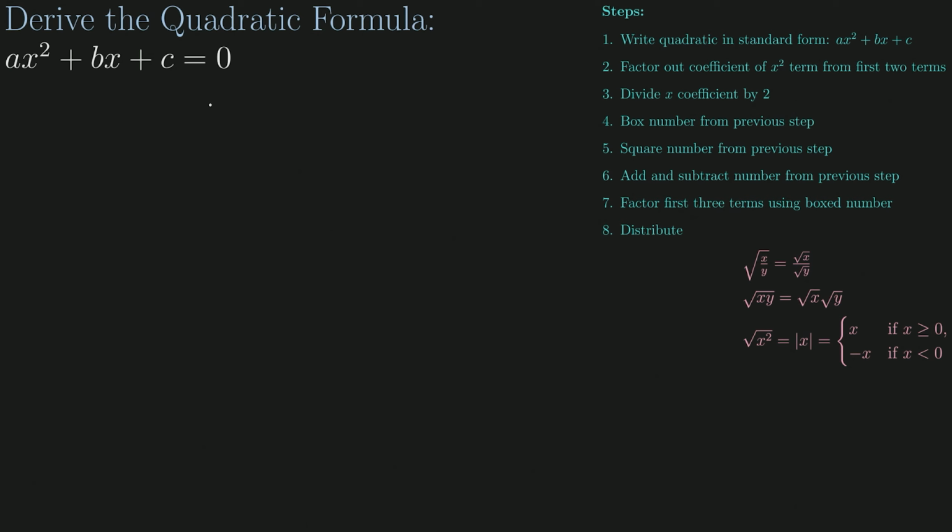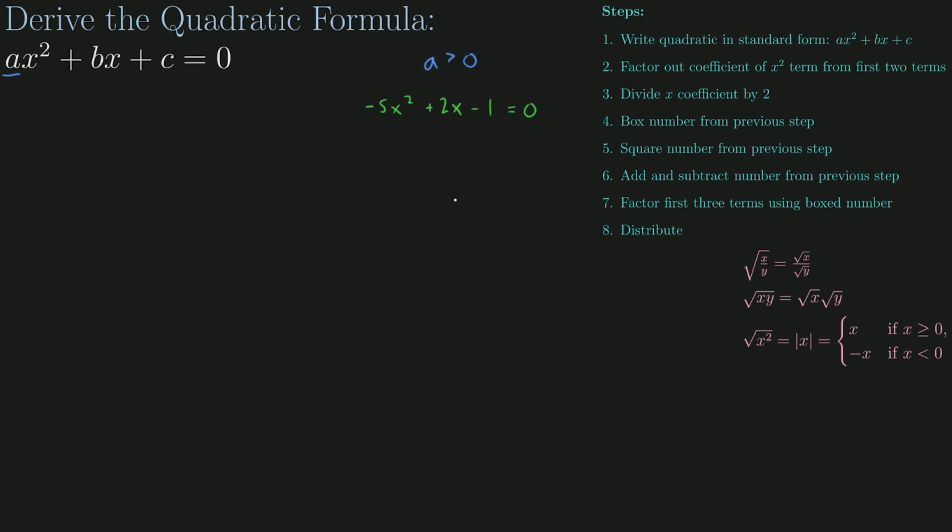We're going to solve a generic quadratic equation for x. The first assumption we're going to make is that the leading coefficient a is positive. We can make that assumption because if it wasn't positive, we could just multiply the whole equation by -1 and have a positive leading coefficient. For example, -5x squared plus 2x minus 1 equals 0.